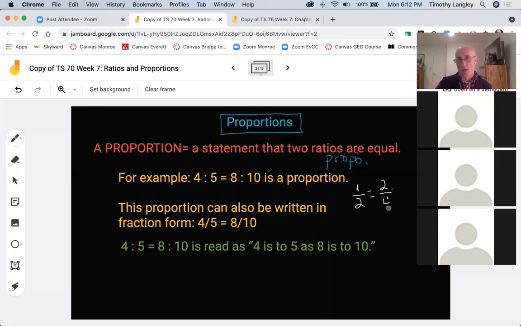We know that this is a half, and we know the second one is a half. And therefore, these two ratios side by side, two different ratios, are a proportion, or what's called proportional, okay? That's how you would verbalize it. Are they proportional or are they equal?